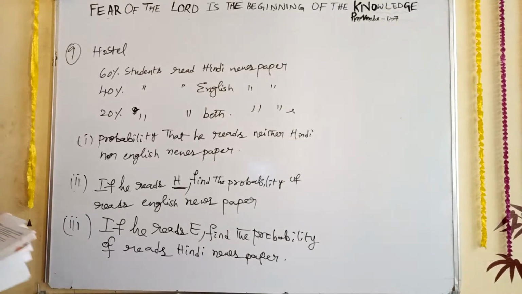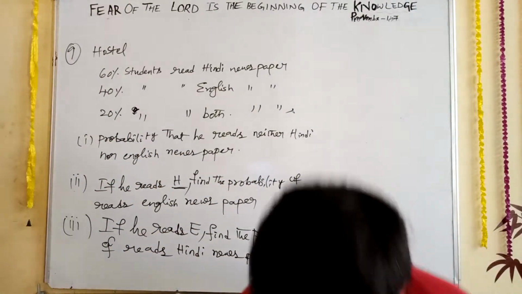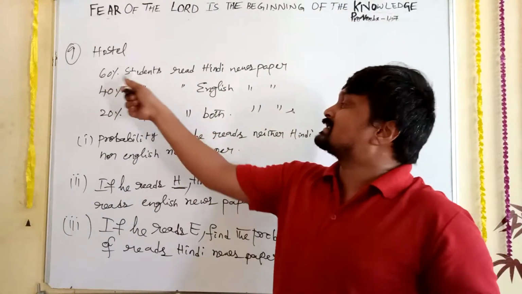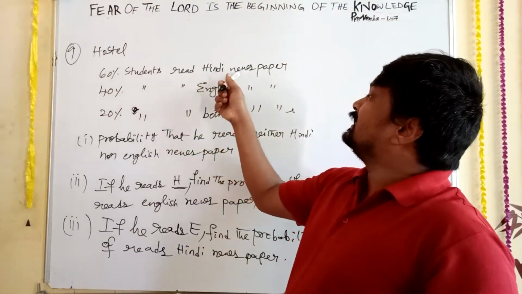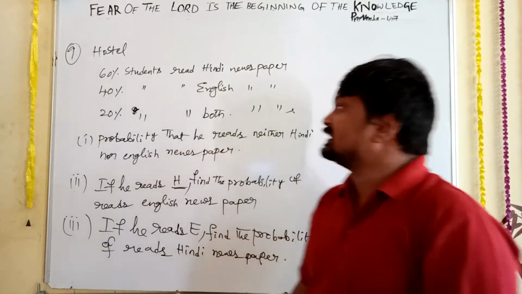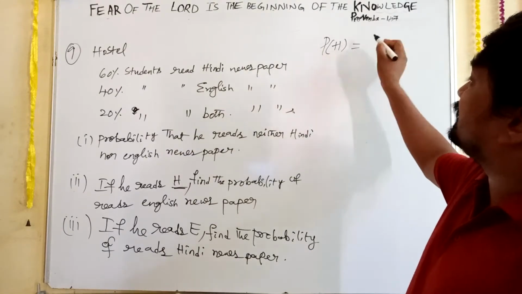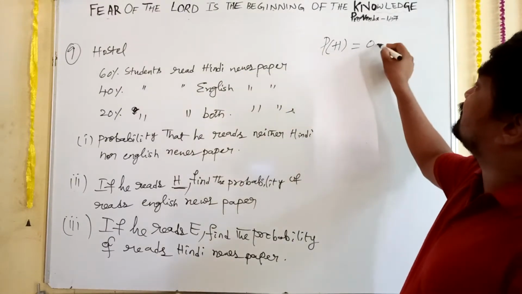Very good. They have given the easiest one, not a difficult question. See that 60% students read Hindi newspaper. Percentage given, make it into probability. So probability of reading Hindi newspaper is equal to 0.6.